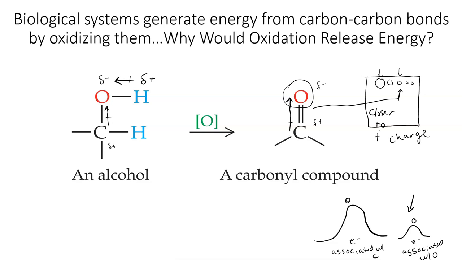We've removed some of that energy and we've organized it in a different way. So we'll talk more about that in terms of how this works biologically and biochemically, but that's the rationale for how this is working. So when we oxidize things and we increase our carbon to oxygen bonds, typically some energy is going to be released or harnessed during that process.